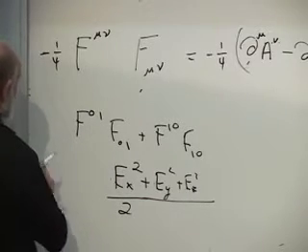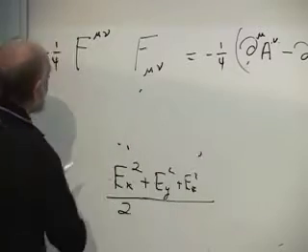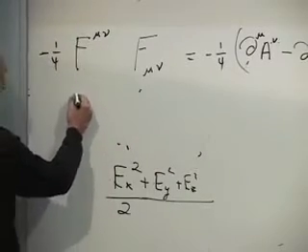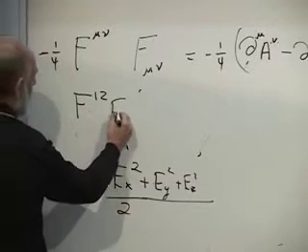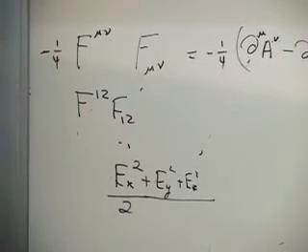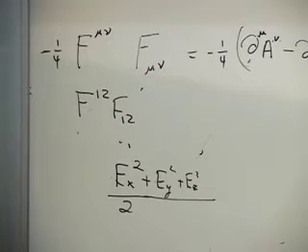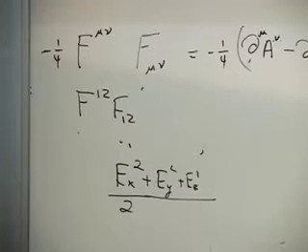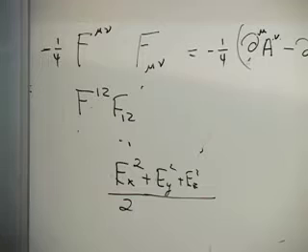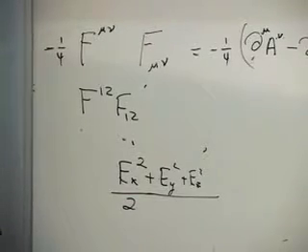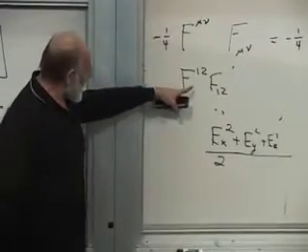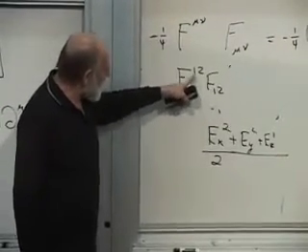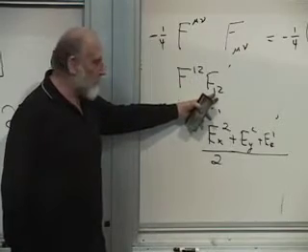Again, minus a quarter. Let's look at one of them. The space-space components could have F12, F12. What is F12 times F12? First of all, what is F12? It's B3. Maybe it's minus B3, I don't remember, but we're squaring it so it doesn't matter. Now, here I've raised both indices, 1, 2.